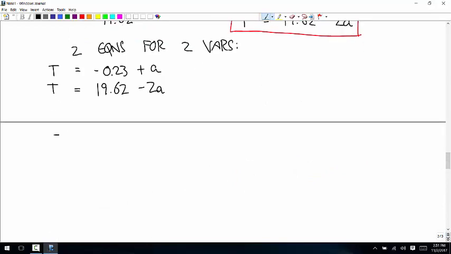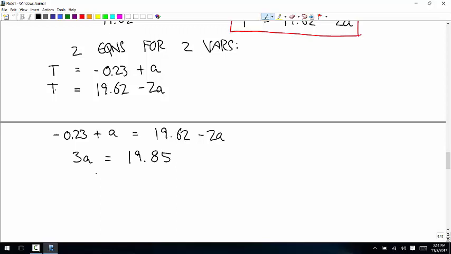Combine those and you get negative 0.23 plus a is equal to 19.62 minus 2a. So 3a is equal to 19.85.